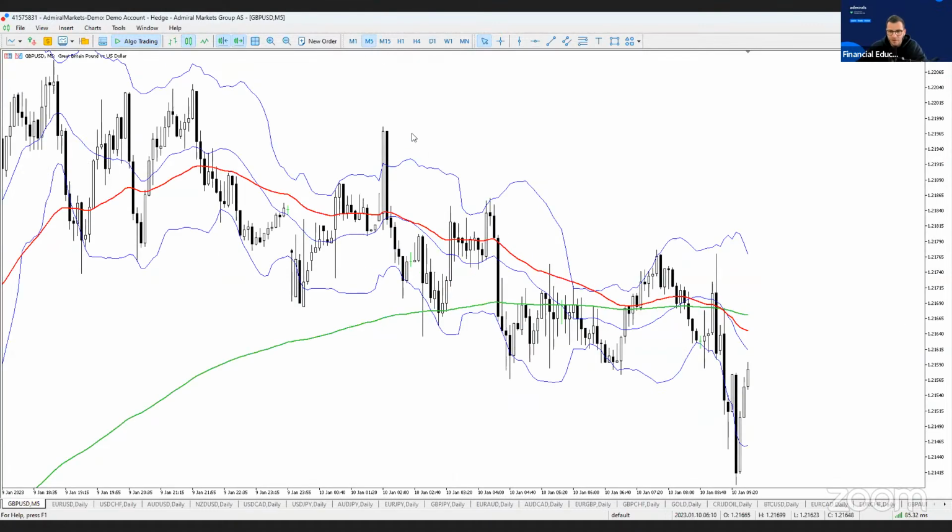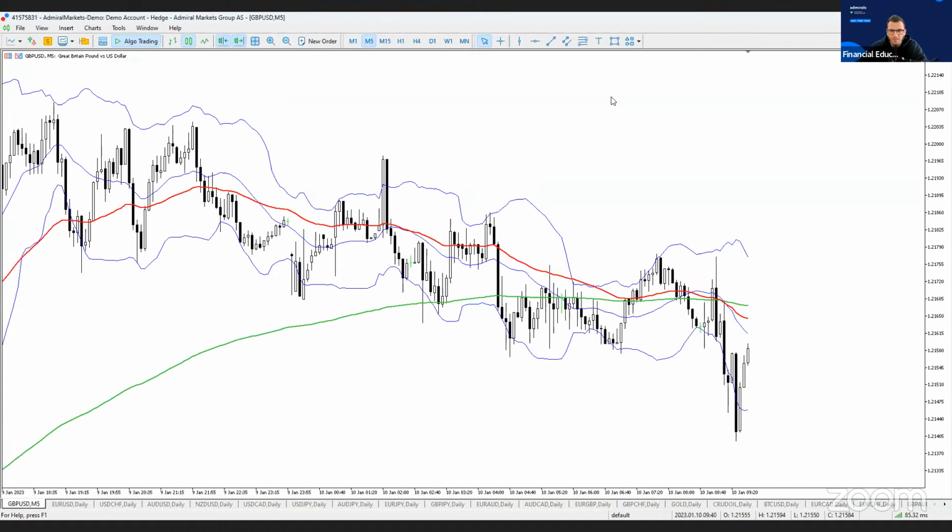So on the 5-minute chart now, we do have this consolidation. The price broke below. We don't know if the market is going to continue to the downside. However, I will consider more buying opportunities in this market because of the likely dollar weakness.